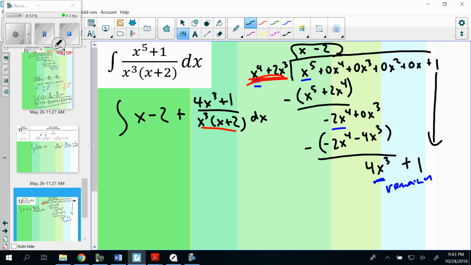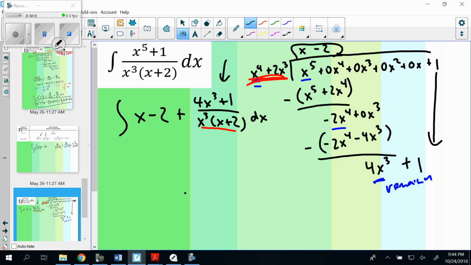Okay, so that's our integral now. Now we got to split that up into the partial fractions because this part is very hard to integrate. And so what we're going to do is think of, okay, what are the terms there?